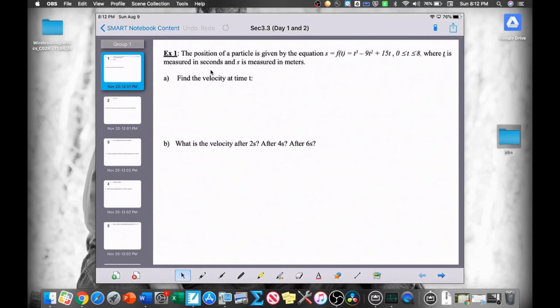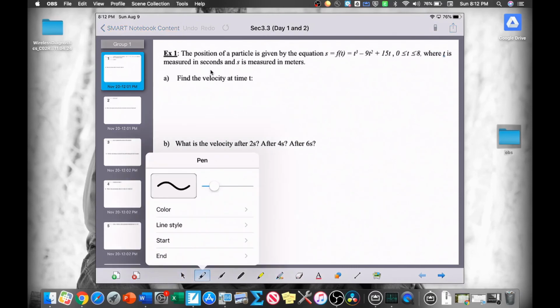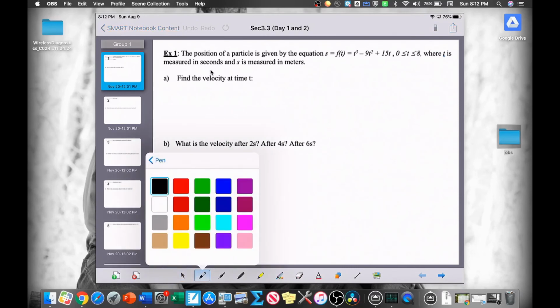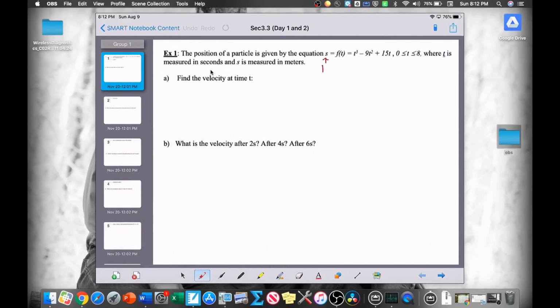Since this given equation is S, that tells us that our initial function is a function for position of this particle. So let's write that down. So this is position.